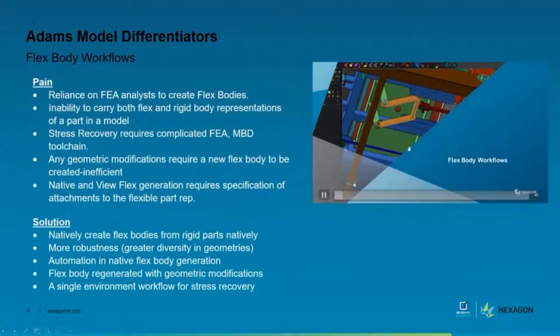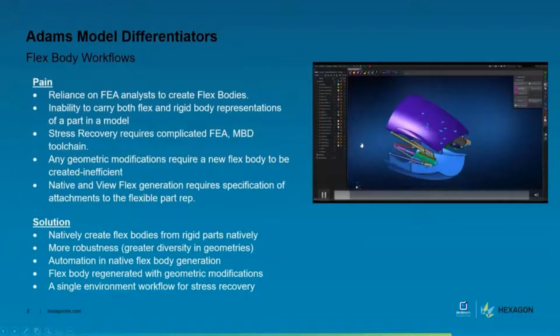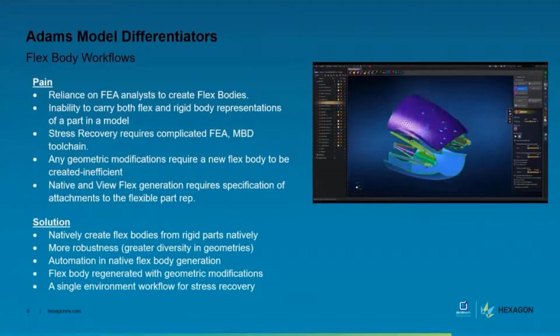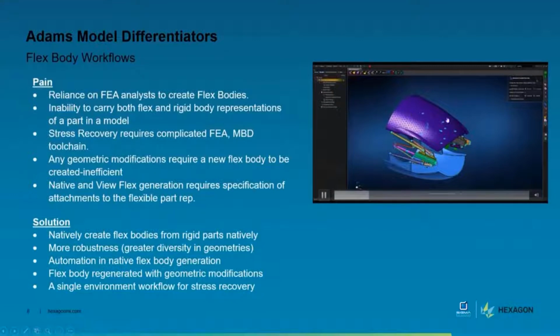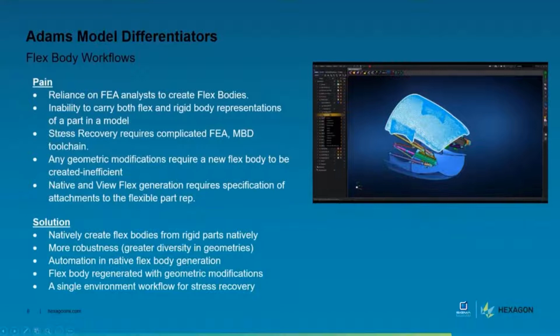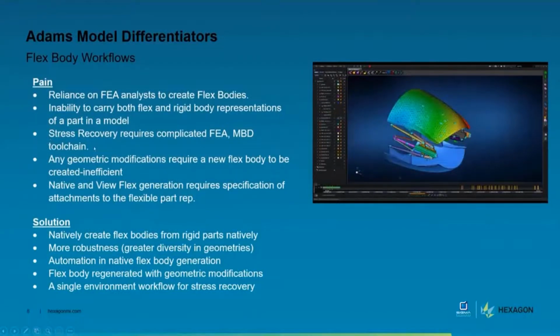But again, when you talk about flex body, we always had to depend on outside FEA codes, and also within Adams we had something called Adams ViewFlex, which allowed us to create a mesh, but it was a tech mesh. Whereas with Apex now as an environment for Adams, we can create a fine mesh, and we can create higher fidelity models. Also, stress recovery was complicated, and any geometric modification required a new flex body to be created.